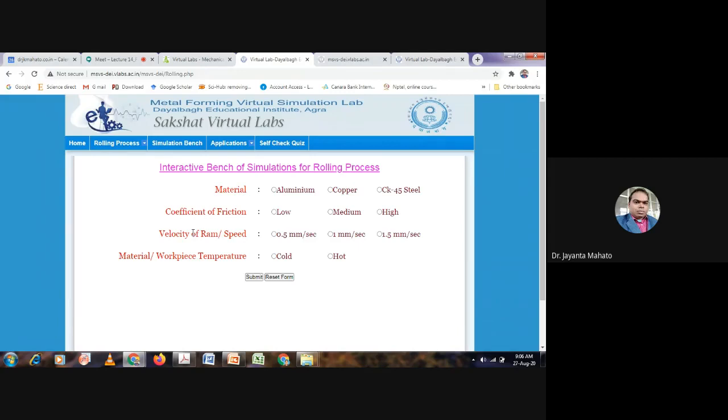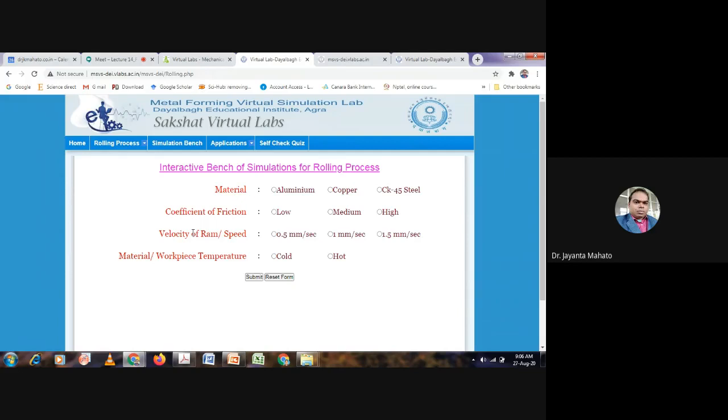Suppose one student takes one material and just varies the coefficient of friction, another student just varies the velocity, and another student takes another material, copper.